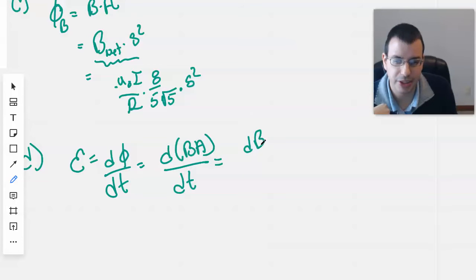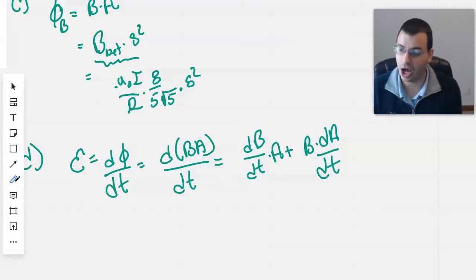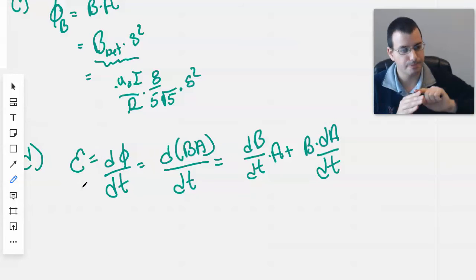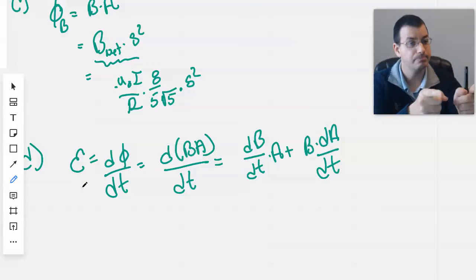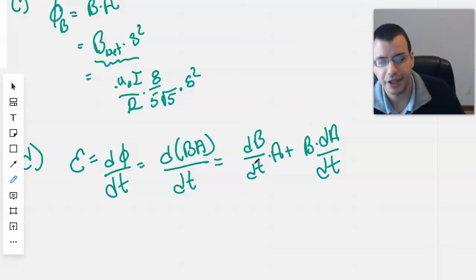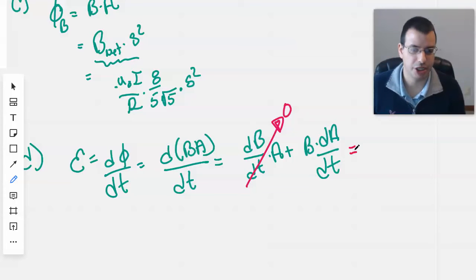So this would be dB dt times area plus B times dA dt. We assume a constant magnetic field, and so dB dt equals 0, but the area for the flux is going to be changing.